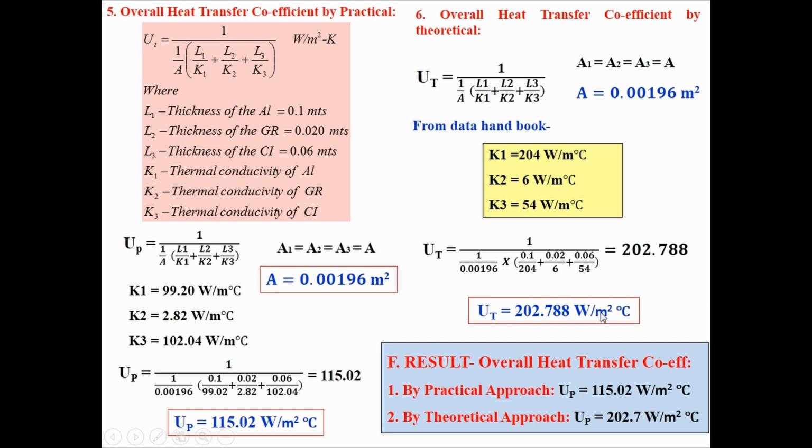At the end you have to write the result: the overall heat transfer coefficient by the theoretical approach is 202.7 watt per meter square, and by the practical approach is 115.02 watt per meter square. This is the procedure of how to conduct the experiment and do the calculation.